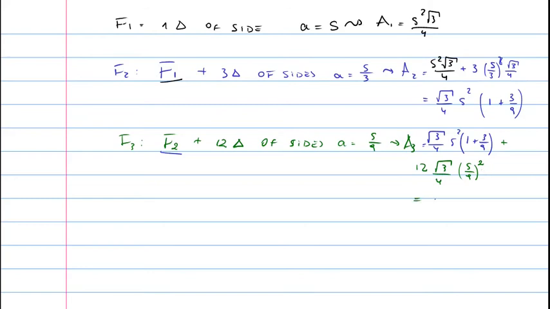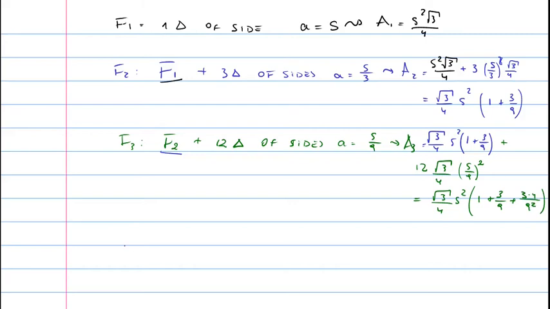So then A3 is equal to square root of 3 divided by 4 s squared, and here we have 1 plus 3 over 9 plus 12 divided by 9 squared. 12 is 3 times 4 divided by 9 squared.